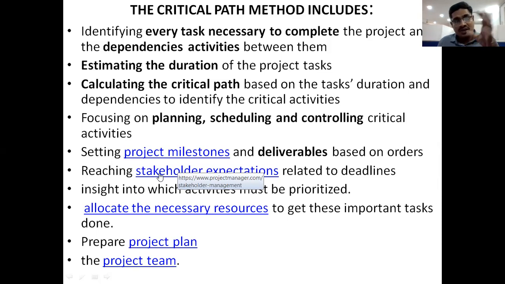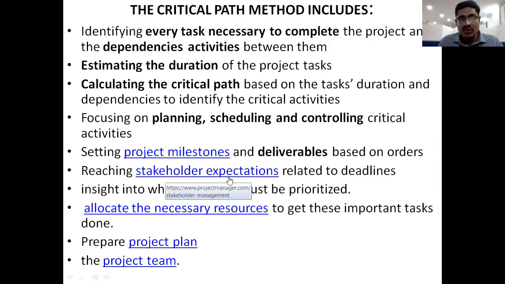These stakeholders include employees, competitors, right? Government, the law, and the society. These all come under stakeholders. So reaching the stakeholders' expectations is related to our target or our tender or contract, right?